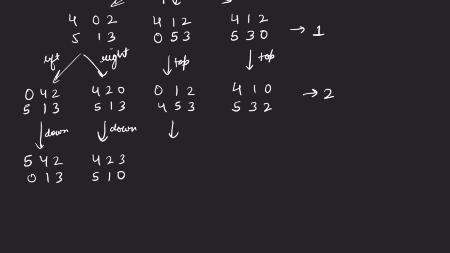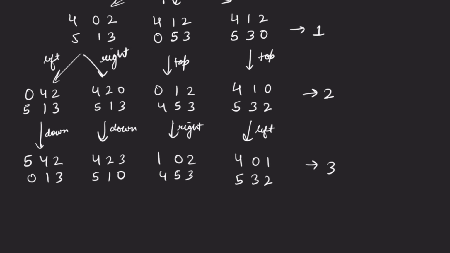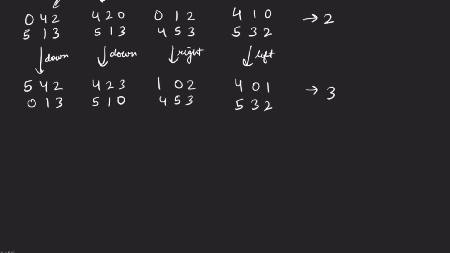Then here we can swap 0 only with 1. That is right. Right? So we'll get 1, 0, 2, 4, 5, 3. Right? And then here we can swap 0 only with 1. So that is left. So we will get 4, 0, 1, 5, 3, 2. Now till here we have done 3 number of moves and still we have not reached the final state. Right? So let's move again further.